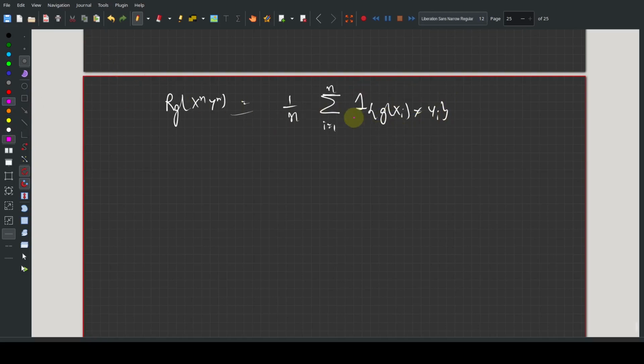This is just the fraction of the time that the prediction is incorrect. And this quantity is called the empirical risk.